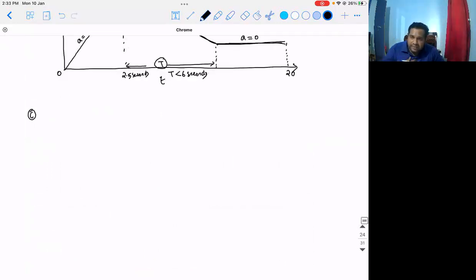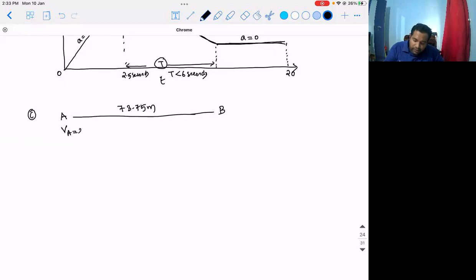First of all, identify from which section to which section this t is. That is from A to B. The total distance covered is 73.75. The initial velocity VA is 24.5 meter per second. The acceleration is minus 3.9 meter per second square.